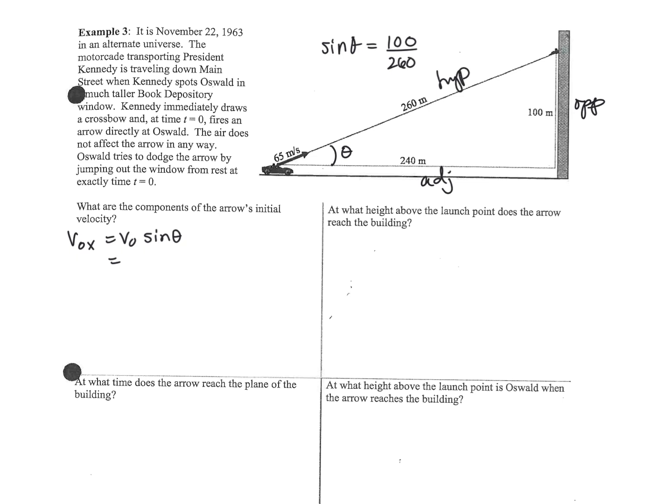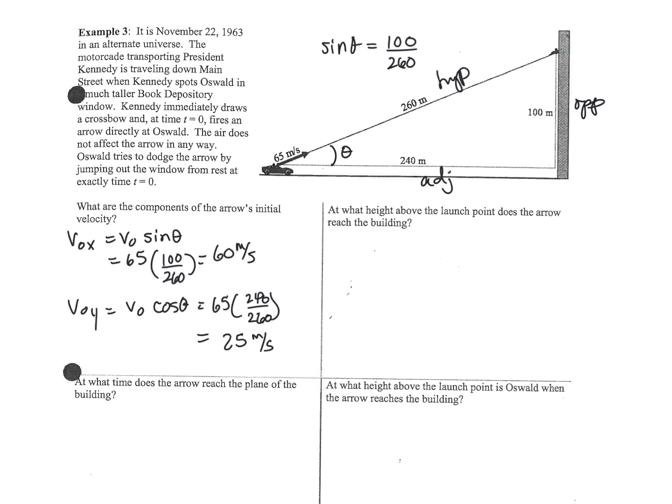So V initial in the x direction is 65 times the sine, which would be 100 over 260. That is going to be 60 meters per second. V initial in the y direction is going to be V initial times the cosine of theta, which is adjacent over hypotenuse. So this would be 65 times 240 over 260, and that ends up equaling 25 meters per second. So there we go for that.